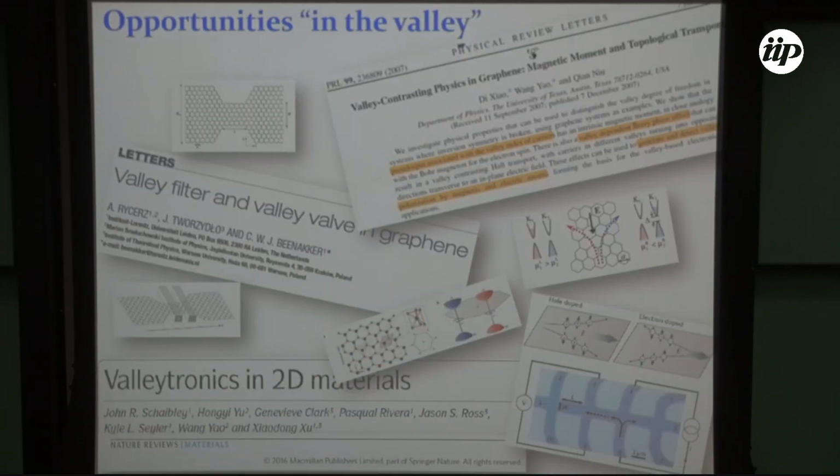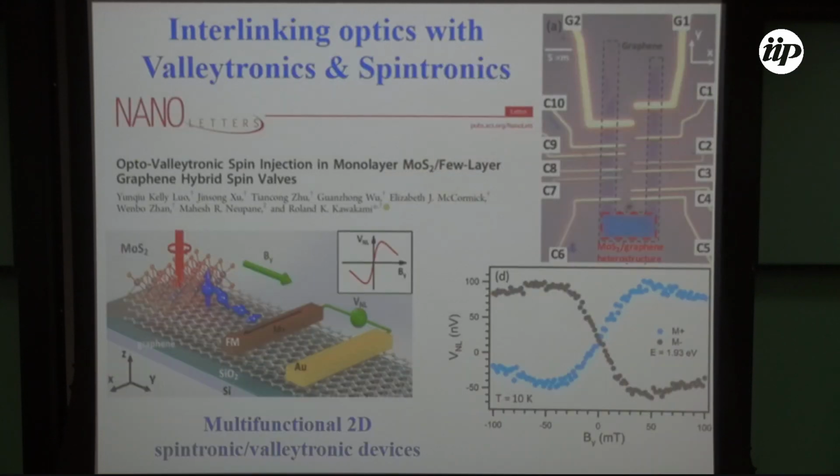Then comes the valley, which we will discuss especially in two talks. The valley is another degree of freedom specific to this two-dimensional material. Not specific, but here it can be manipulated easily. And finally, I like this so much. This has really been, for me, one of the greatest excitements.